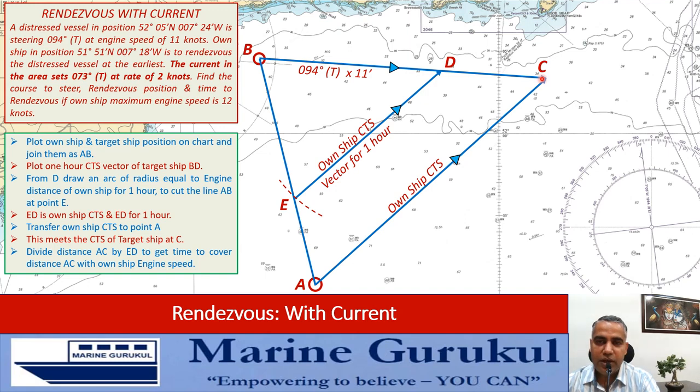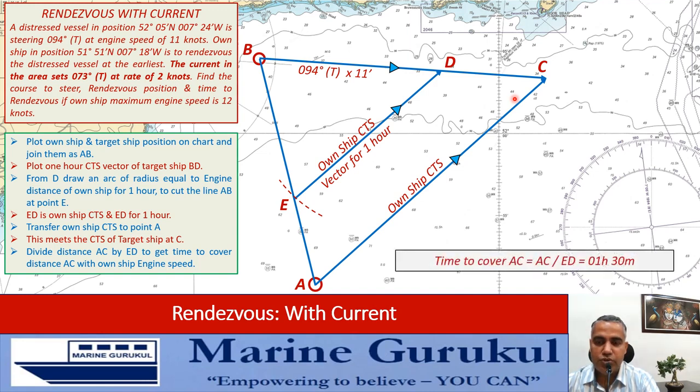Now, as done in the earlier examples, we will find out the time to cover distance AC by own ship. So we divide the distance AC, Alpha Charlie, by our engine speed to get the time to cover distance AC using own ship engine speed. And in this case, it comes out to be 1 hour and 30 minutes.